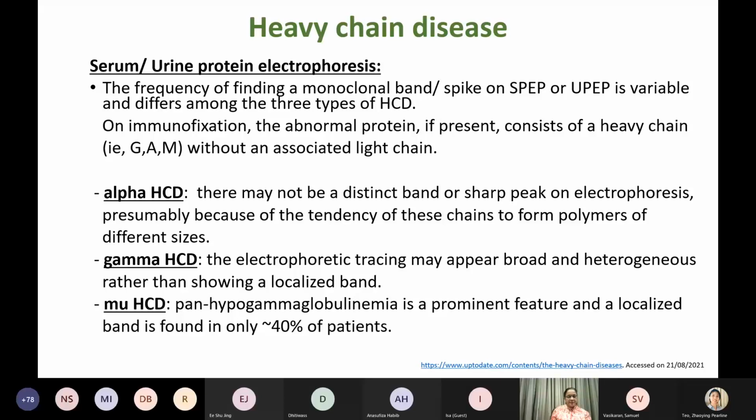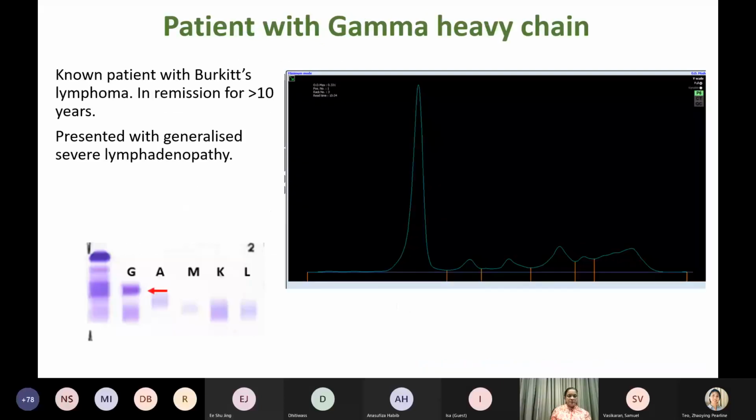I haven't seen mu heavy chain disease so far, but according to the literature, pan-hypergammaglobulinemia is a prominent feature in mu heavy chain disease, and you could find a localized band in only around 40% of patients.